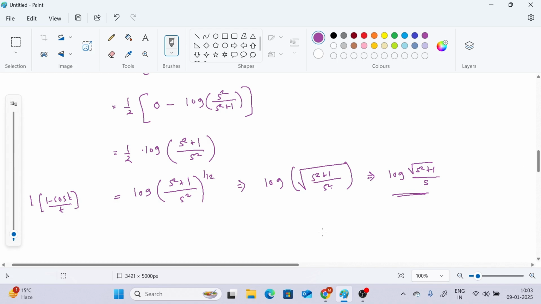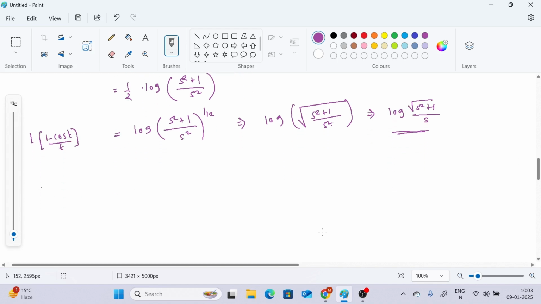Now we have to find d by dt of Laplace of 1 minus cos t upon t. In order to get that, I am applying one more logic here.